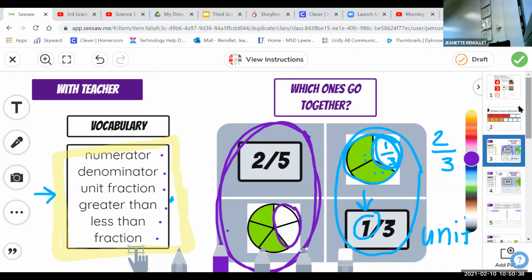Theo started us. Who can build on his knowledge to explain? There's 2 parts that are white. How does that go with our other stuff, Kaylee? It doesn't go. It's 5. What's 5? Numerator or denominator? The denominator. So down here, the denominator is 5.